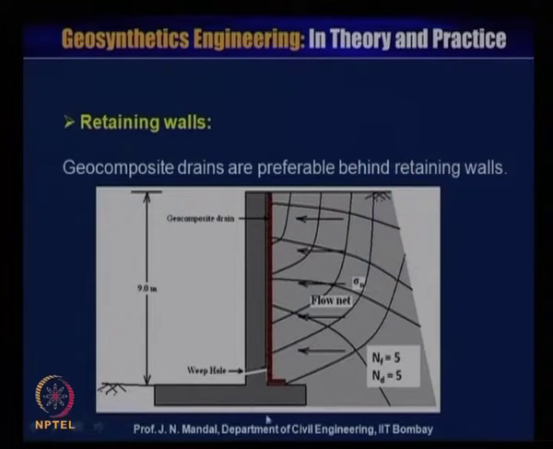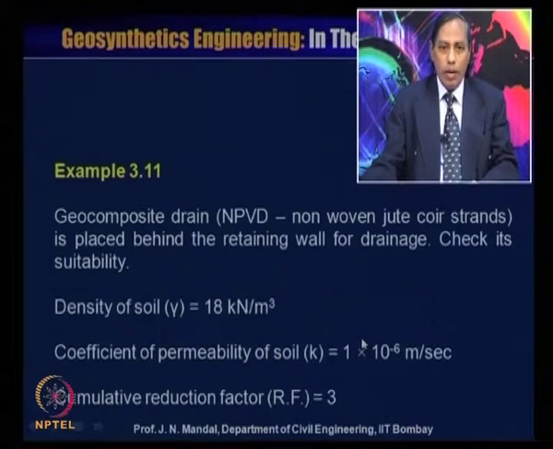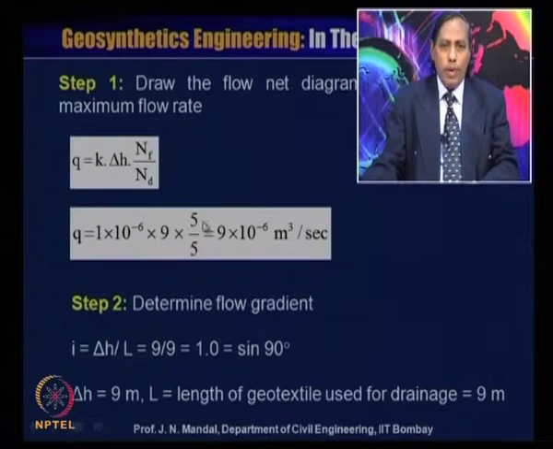Then you draw the flow lines and the equipotential lines, and count from the flow net the number of flow lines and potential lines. Here the number of flow lines is 5 and the number of potential lines is 5. So, NF by ND is equal to 0.5. If you calculate, you get Q is equal to 9 into 10 to the power minus 6 meter cube per second.